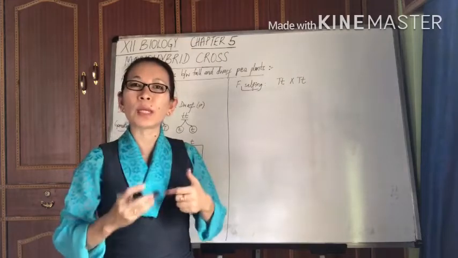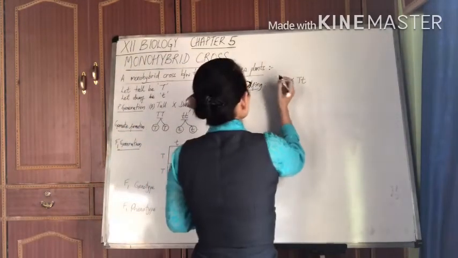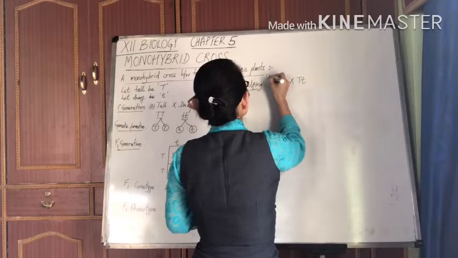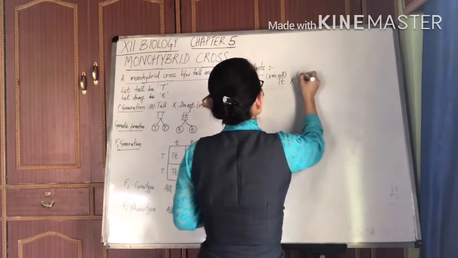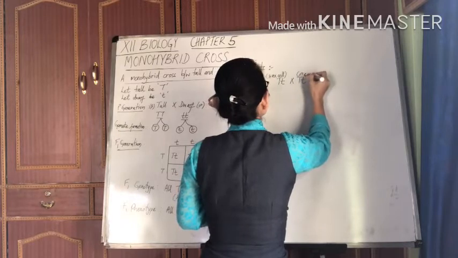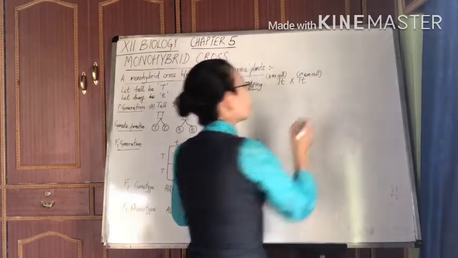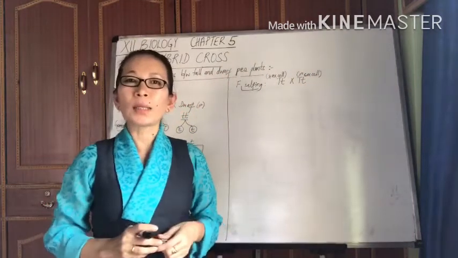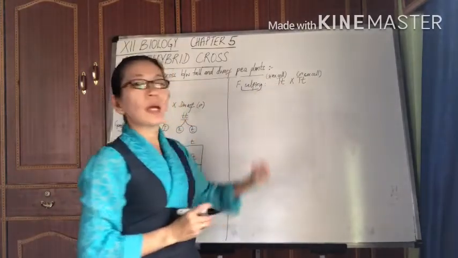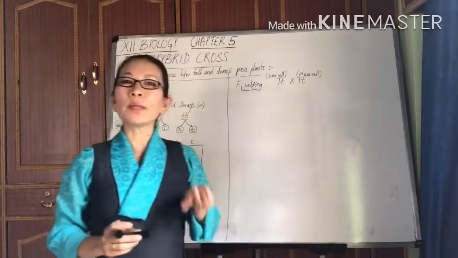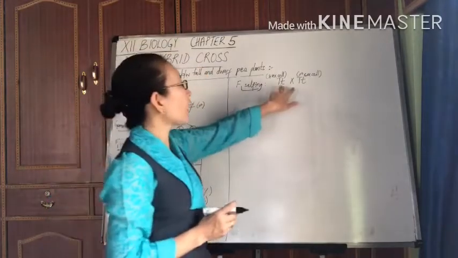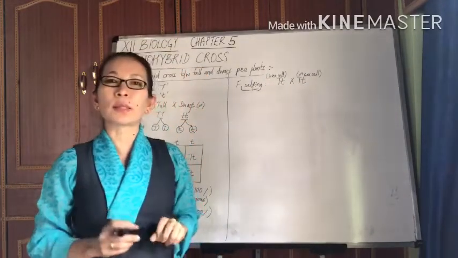It's happening within the same plant, but these denote the sex cells of the plant. So within the same F1 plant, female sex cells are producing female gametes, and the male sex cells are producing the male gametes. So these are referring to the sex cells.